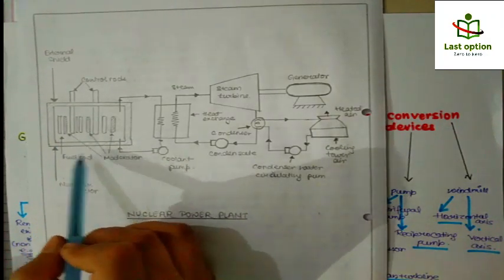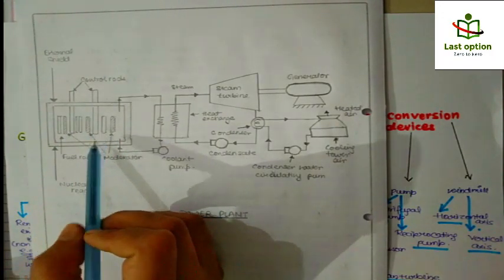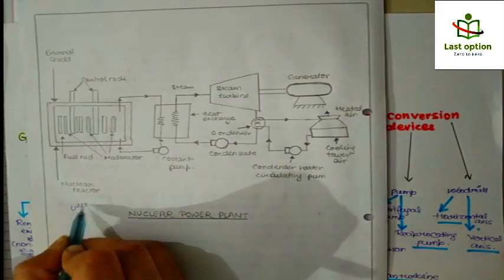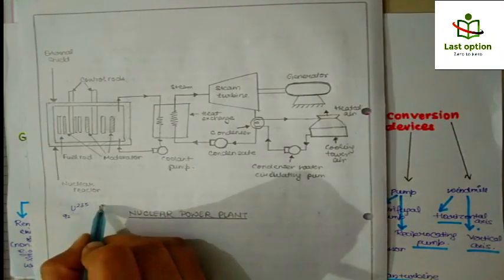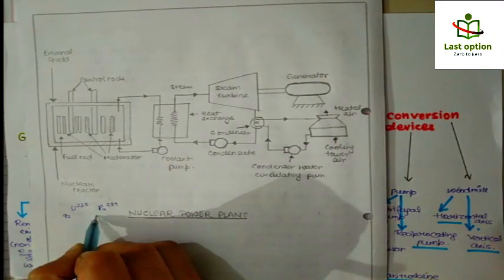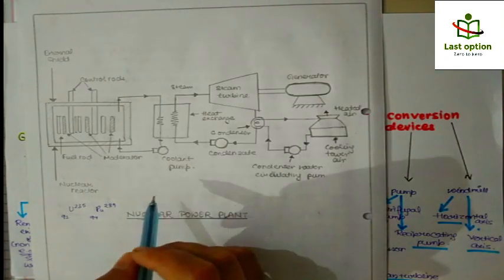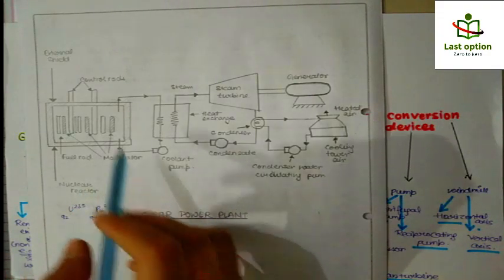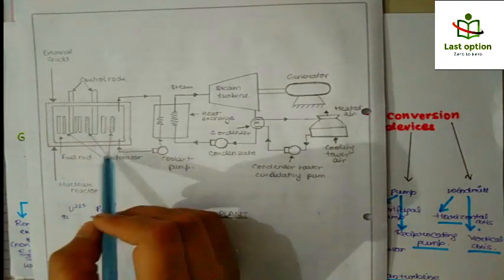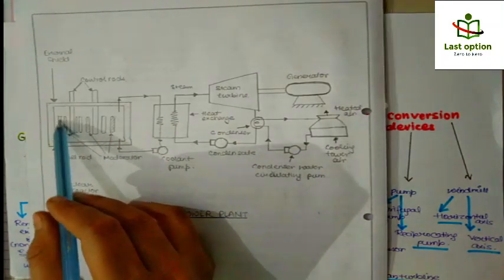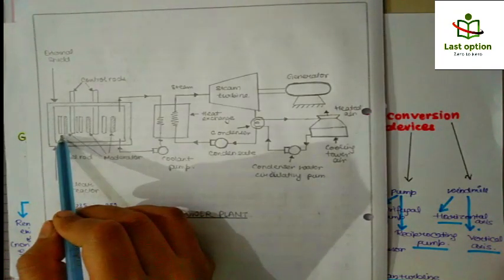The fuel used here for this reaction is uranium 235, whose atomic number is 92, then Pu 239, whose number is 94, and uranium 233, and these produce uniform heat. They are clad with stainless steel, zirconium, or aluminium to prevent the oxidation of the uranium. These fuel rods are made of zirconium or aluminium to prevent the oxidation of uranium.